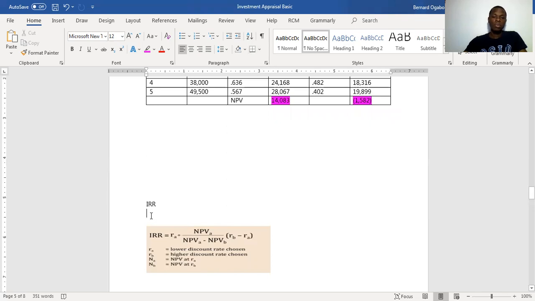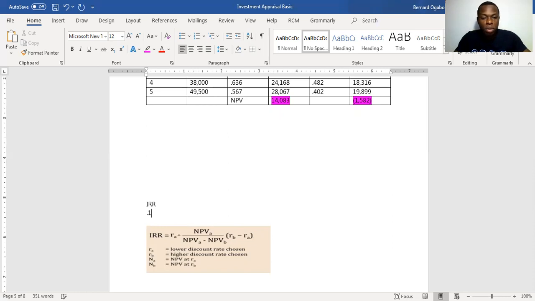What was the lower rate in this case? 12%, which we can say 12. If I use them as absolute numbers, when I get the final answer, there's no need to multiply by 100. But if I use them as decimals, when I find the final answer, I have to multiply by 100.